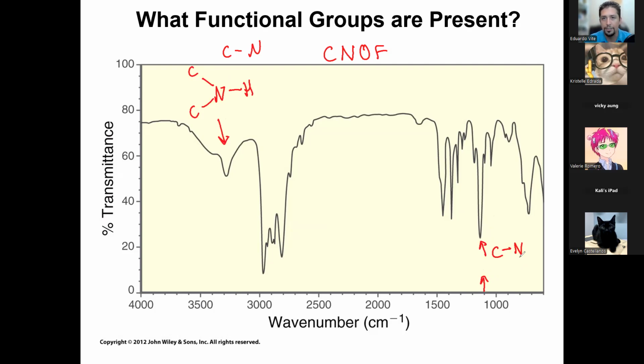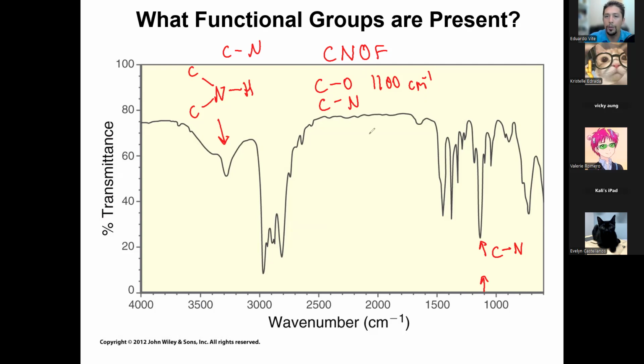We're using the analogy to a CO bond. Okay, so you mentioned that the peak at 1100 corresponds to CO. CN. What I was saying was that we know that COs are usually found around 1100. So a CO and a CN are similar to each other because they're right next to each other on the periodic table.